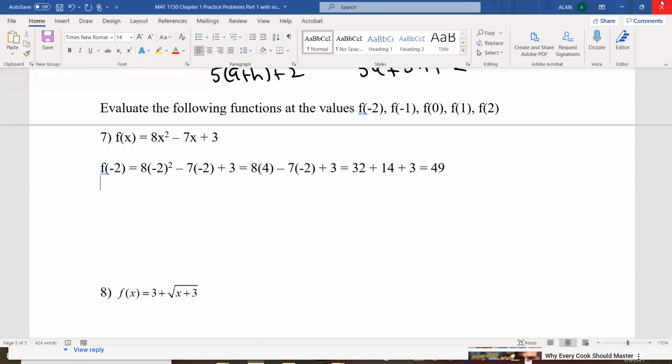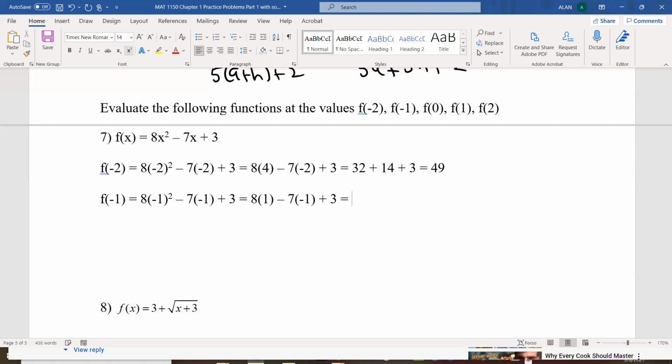Okay, now, what about -1? Okay, so I'll have 8 times 1 minus 7 times -1 plus 3 equals 8 plus 7 plus 3 equals 18.